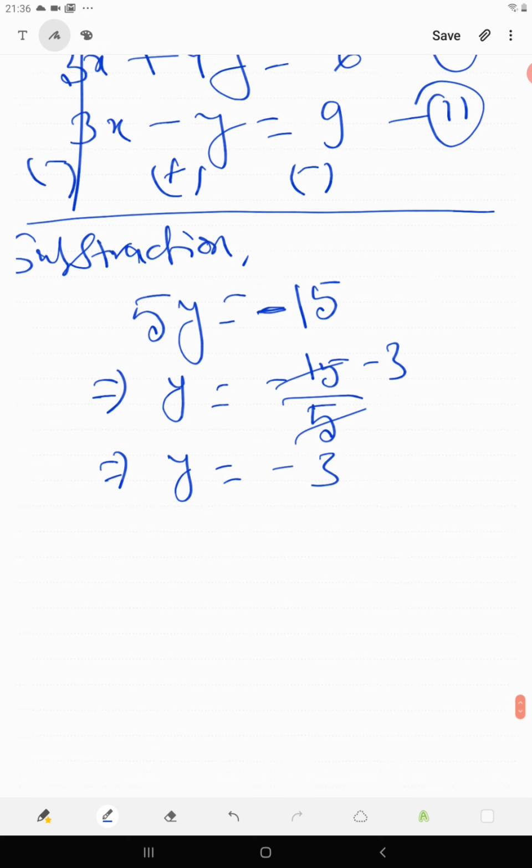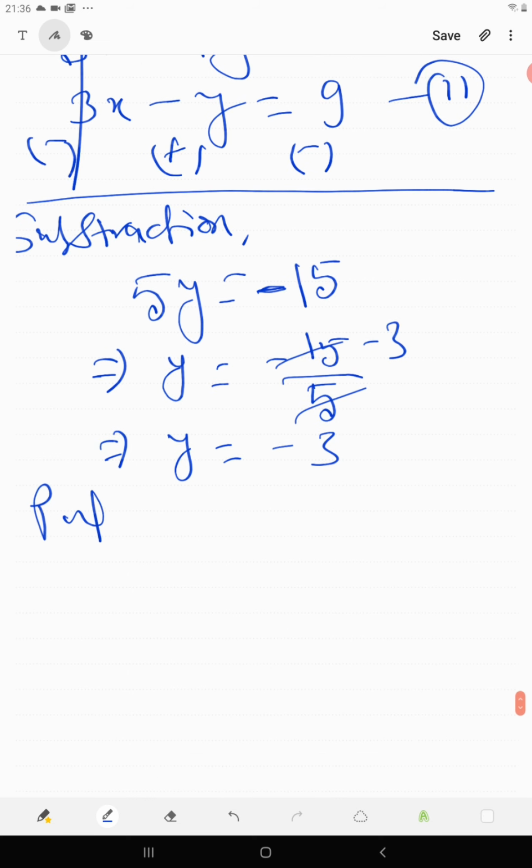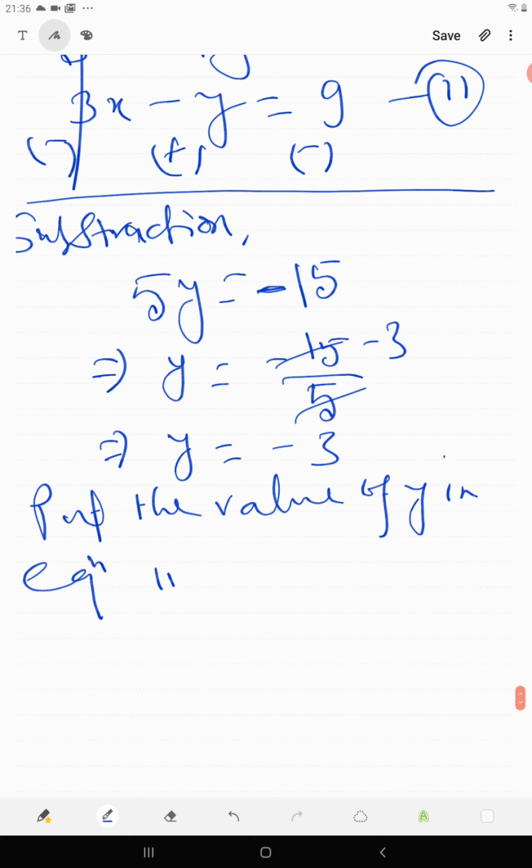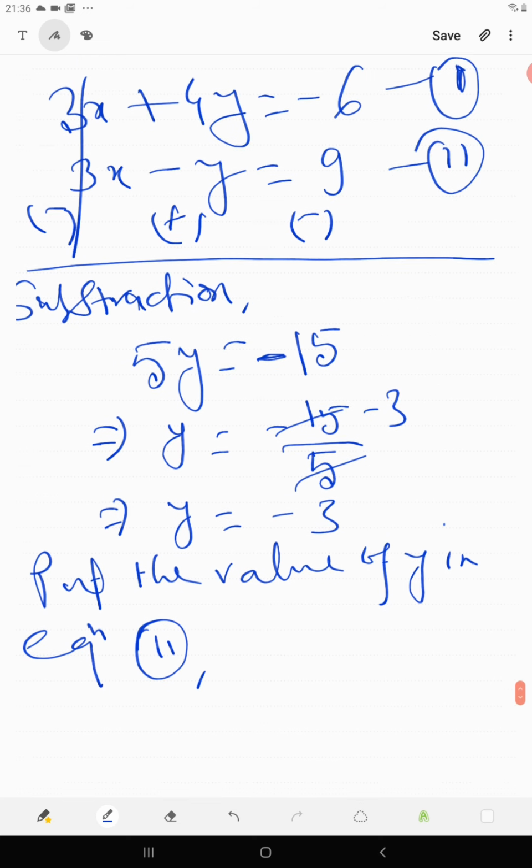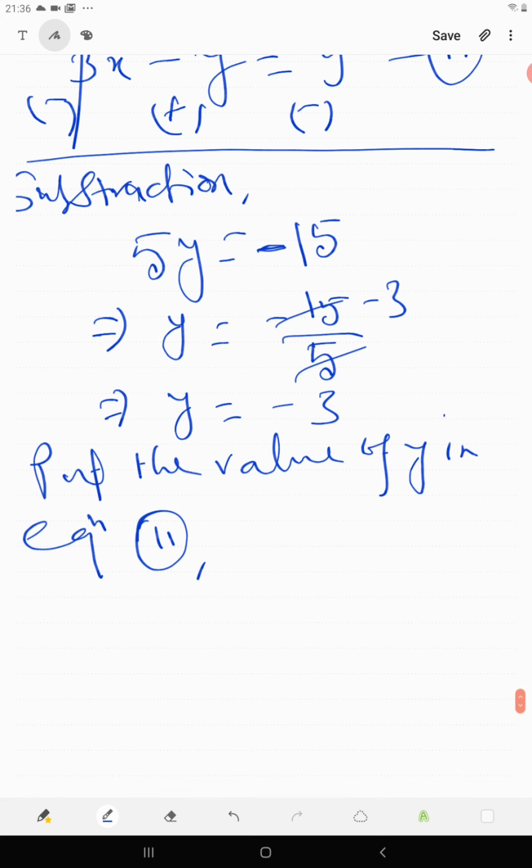Now put this value of y in equation 2. Let me put it in 2. Till now I was doing it for equation 1. This time I will put it in 2. It is no harm if you put it in either equation. So what is my equation 2? 3x minus y.